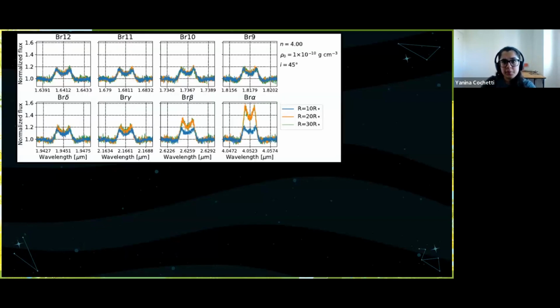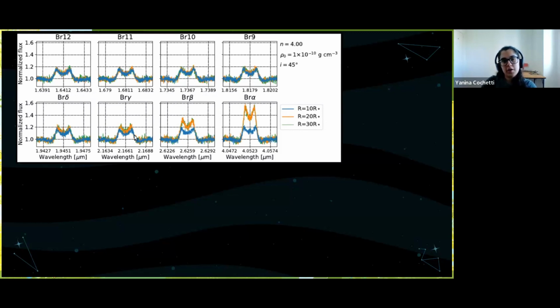So for example, here, if we model with different radii, the blue ones are for 10 stellar radii, the orange for 20, and the green for 30. You can see that the higher members of the series look the same no matter what radius you put.